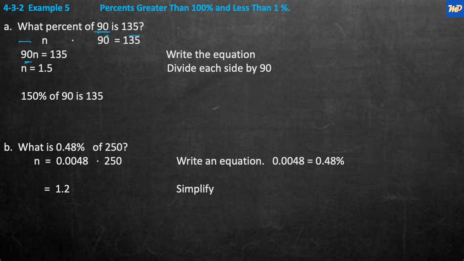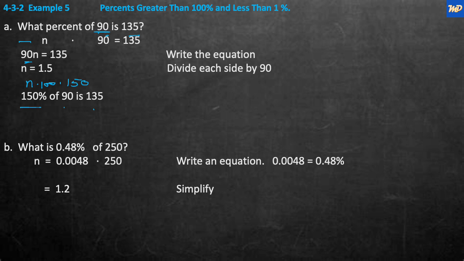Well, 1.5, if you multiply times 100, so n times 100 is equal to 150. That gets us the percentage, right? So 150% of 90 is 135. So we just solved a little equation. We had n times 90 equals 135. What percent of 90 is 135?